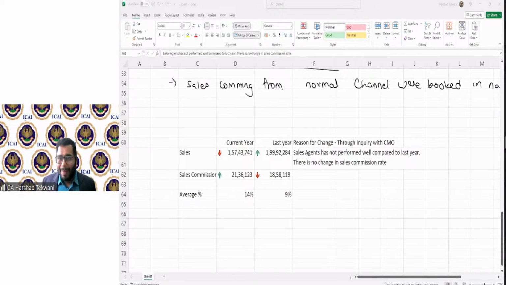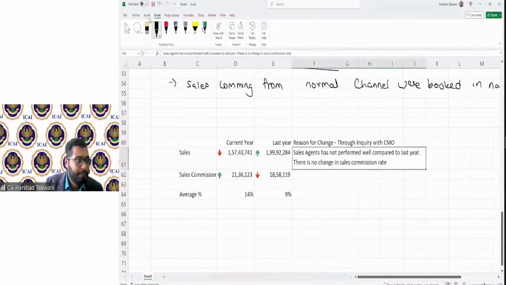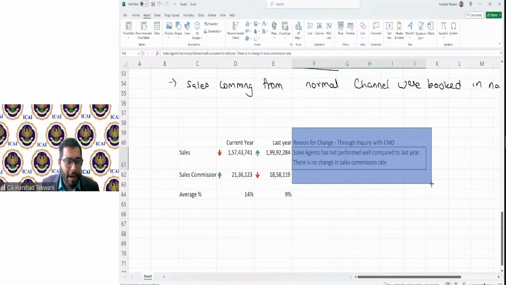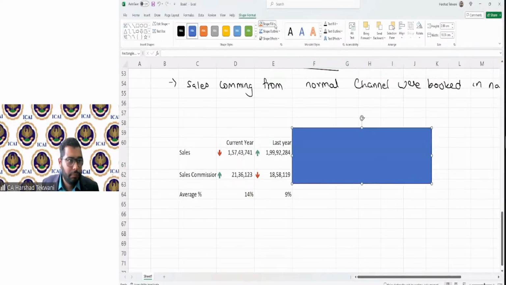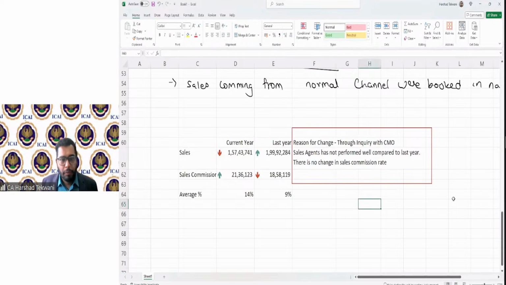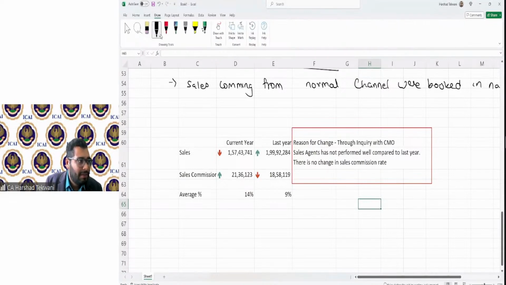So the simple thing is this particular area is one particular evidence that I received through inquiry.